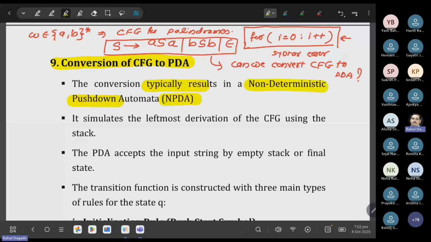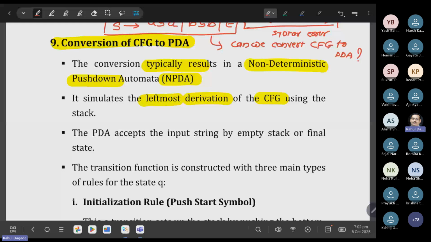It simulates the leftmost derivation of the context-free grammar. All of you know what the leftmost derivation is? In a parse tree, you have seen leftmost derivation and rightmost derivation.